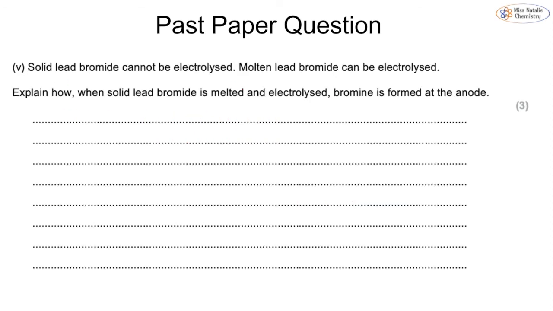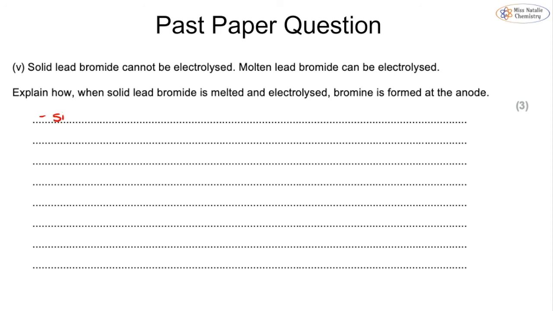And then lastly, part 5, solid lead bromide cannot be electrolyzed. Molten lead bromide can. Explain how, when solid lead bromide is melted and electrolyzed, bromine forms at the anode. So this is essentially explain what happens at the anode during molten electrolysis.